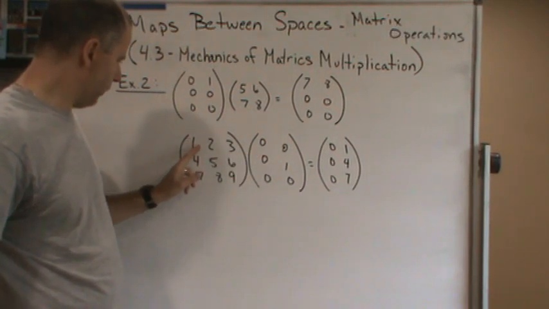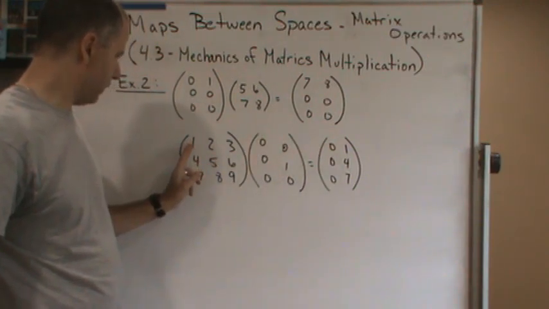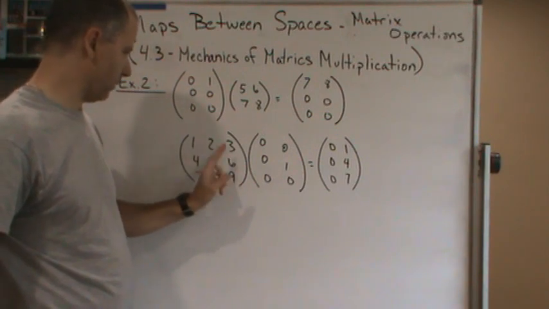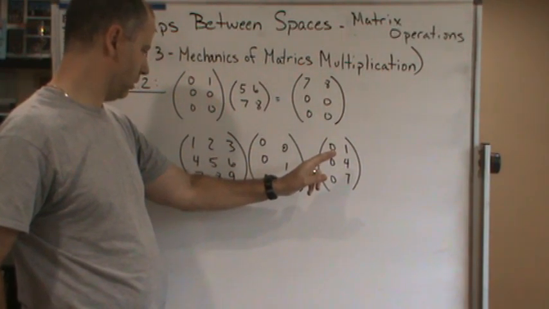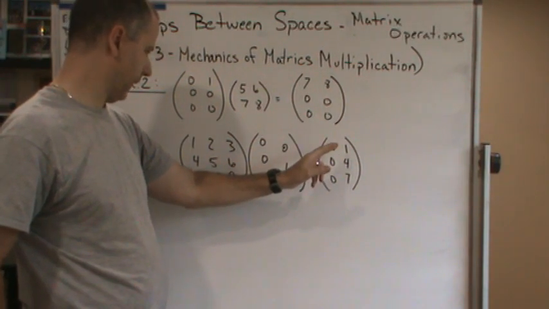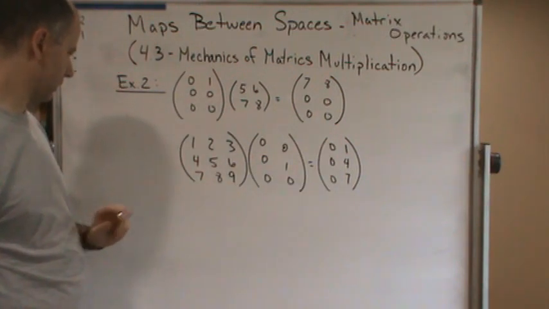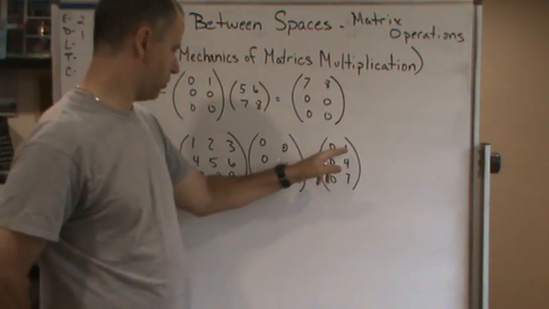If I do this row times this column, I'm just going to get zeros. Boom. If I do this row times this column, what am I going to get? 0 plus 2 plus 0. Let me just check. I'm going to get a 2 here.